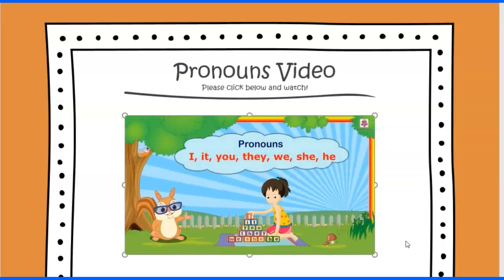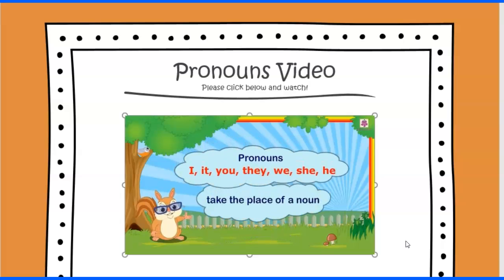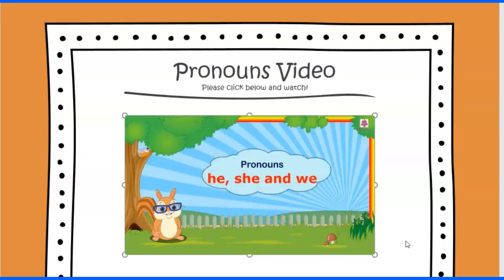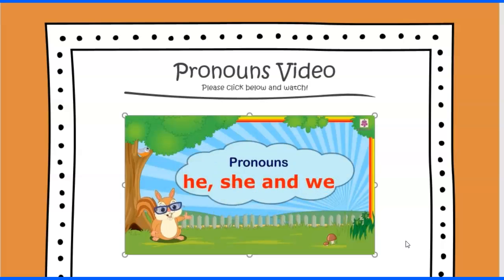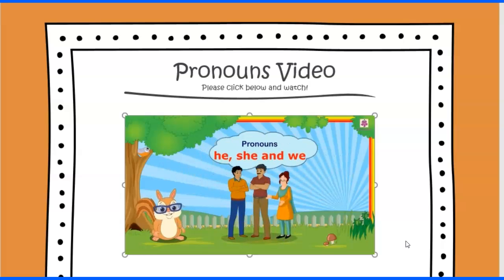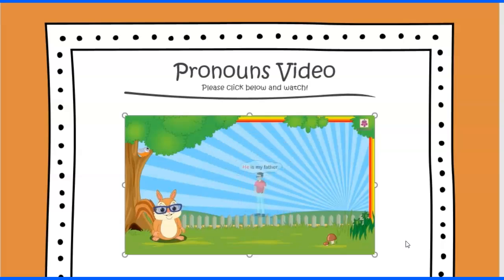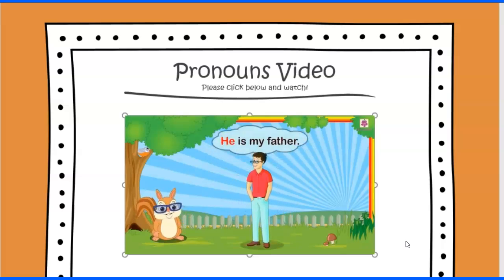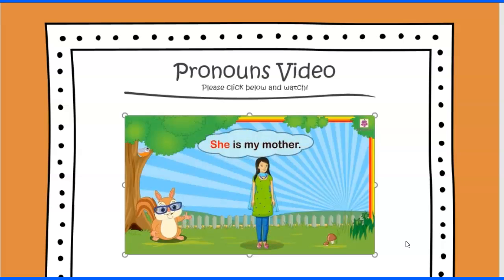These words are called pronouns. Pronouns take the place of a noun. He, she, and we are used for people. For example, he is my father. My father is tall. She is my mother. My mother is beautiful.